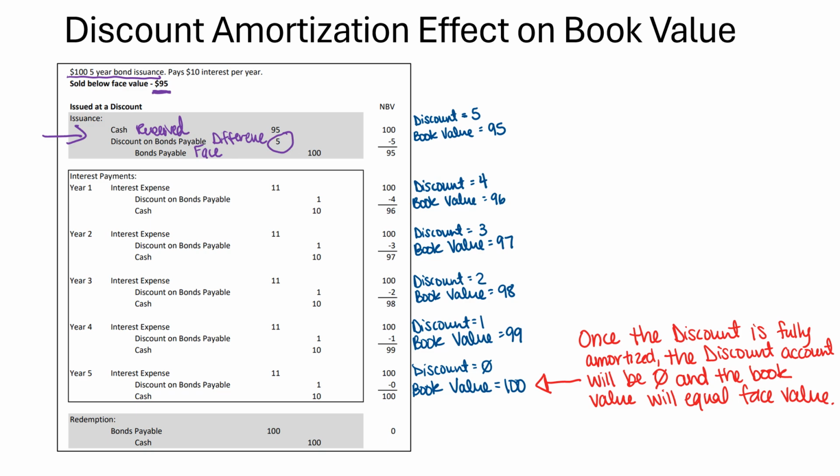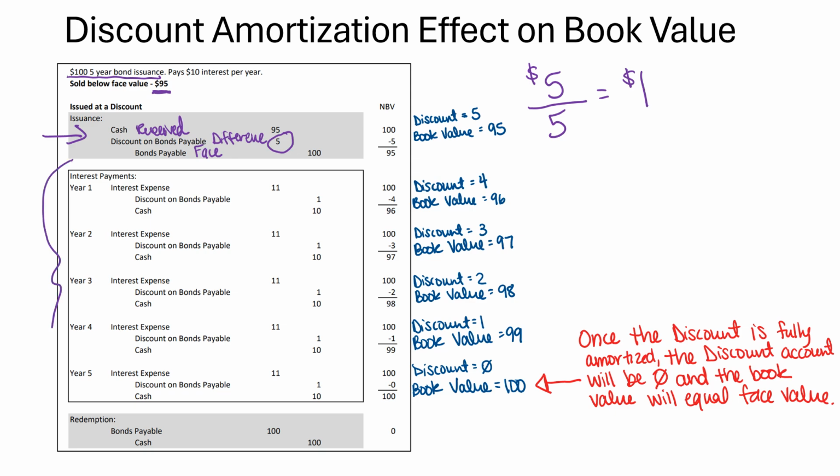Since the discount is $5 and you're allocating it over 5 one-year periods, then your adjustment will be $1 per year.